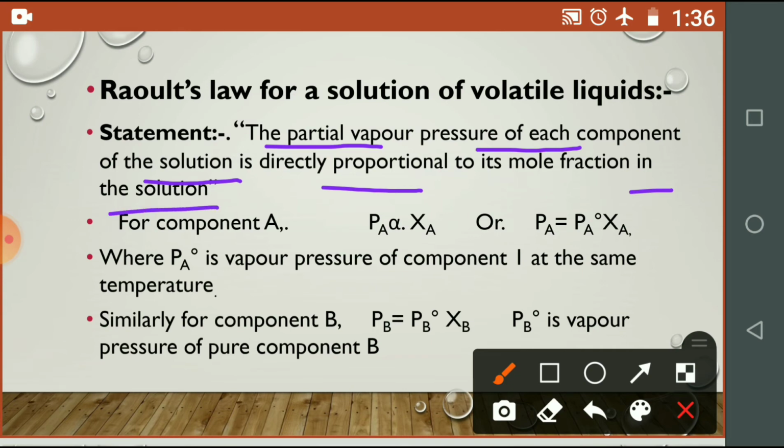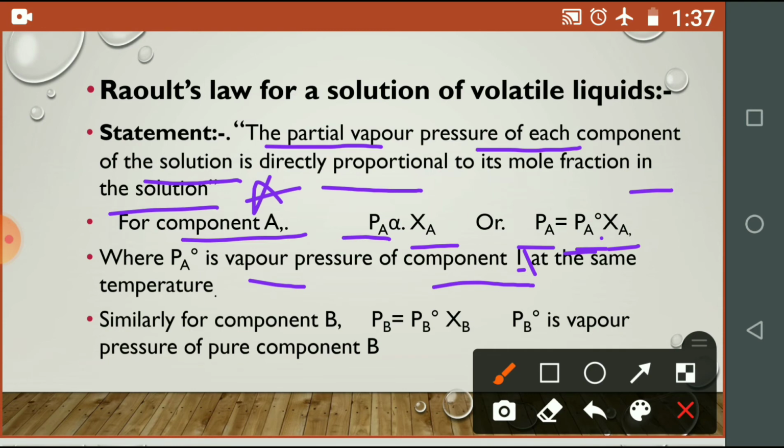So we are considering two components A and B. For component A, it says that the partial vapor pressure PA is proportional to XA, its mole fraction in the solution. Or we can remove the proportionality sign: PA is equal to XA into the proportionality constant P naught A, where P naught A is the vapor pressure of the pure component A at the same temperature.